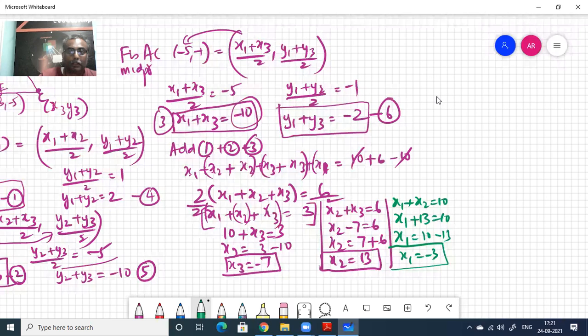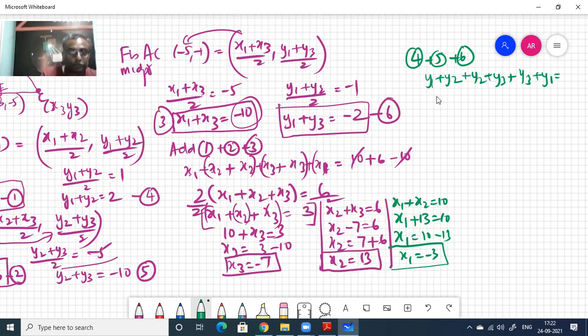Adding 4 plus 5 plus 6: y1 plus y2 plus y2 plus y3 plus y3 plus y1 is equal to 2 plus (-10) plus (-2).